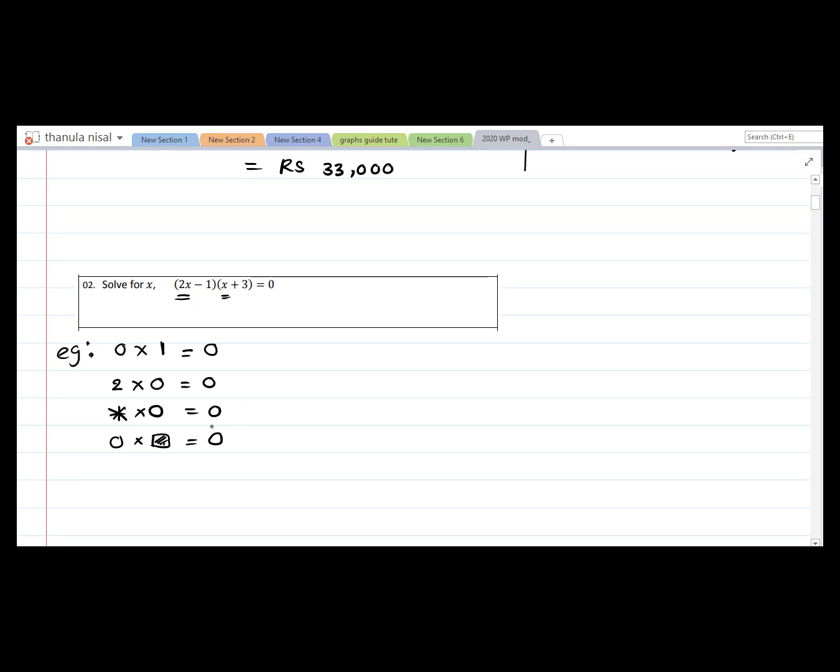So when the final output is 0, we can conclude that at least one of these two factors must be 0. Therefore, we can easily write 2x minus 1 equals 0 or x plus 3 equals 0.